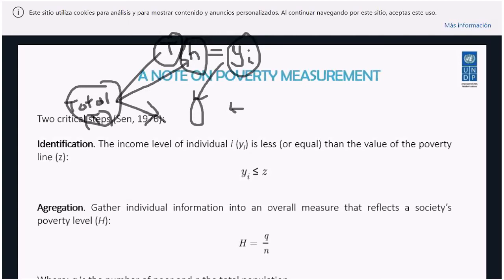Basically, I don't know, a 5-year-old child has some specific weight, some specific height, so therefore this child has different needs in terms of caloric requirements.